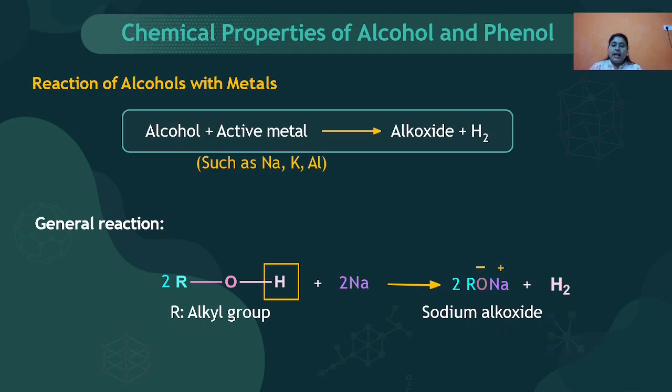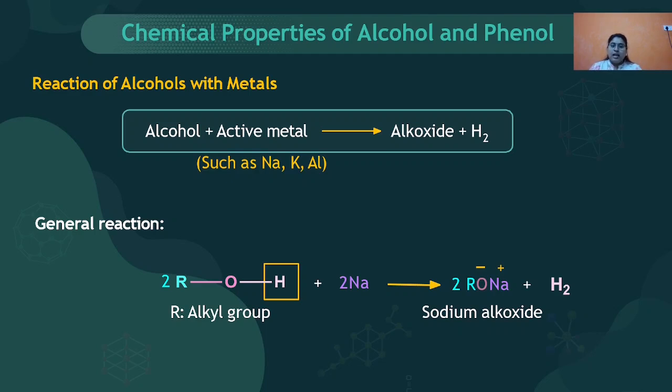When alcohols are treated with an active metal, meaning a very reactive metal that can react with any kind of components at a very fast rate and give many products at a very fast speed, such as sodium and potassium, they form alkoxide and hydrogen gas is liberated. Hydrogen always exists in the form of a gas. When it is formed as a byproduct, it is liberated at the end of the reaction.